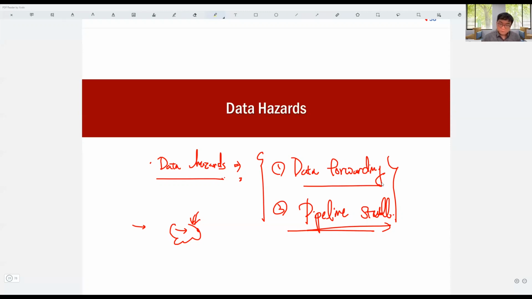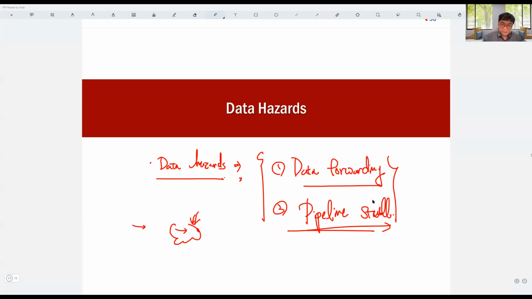I frequently mention that in the processor, we assume that one instruction can be executed every cycle. But if a hazard happens, this assumption can be broken. That means the clock cycles are wasted.